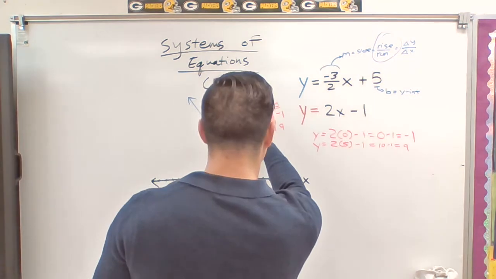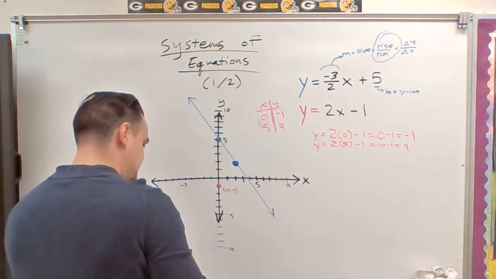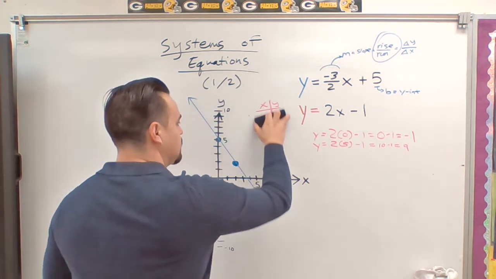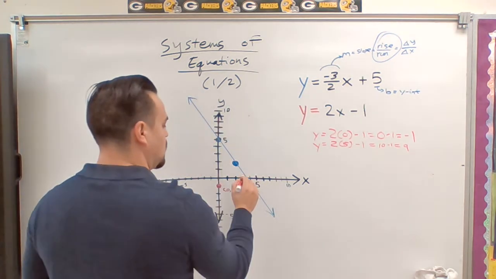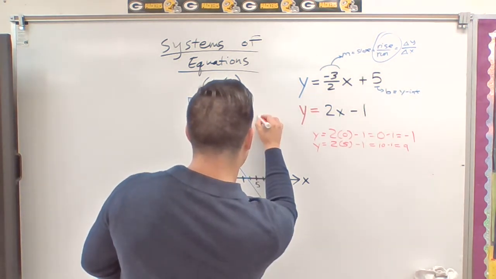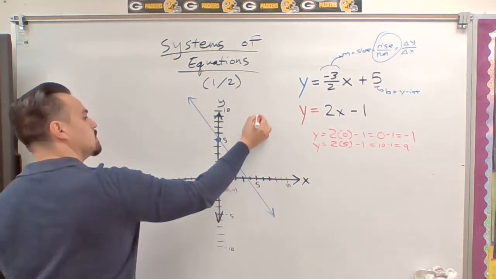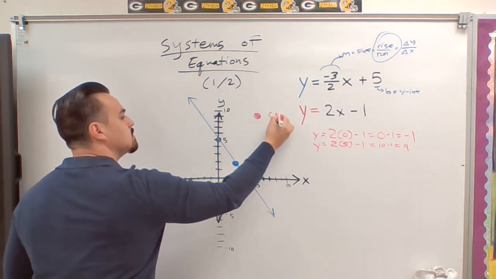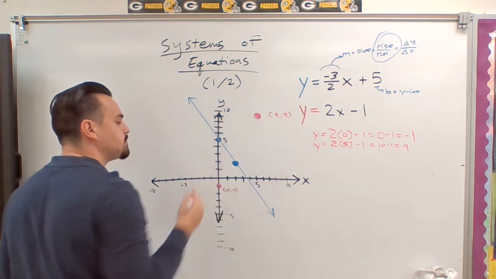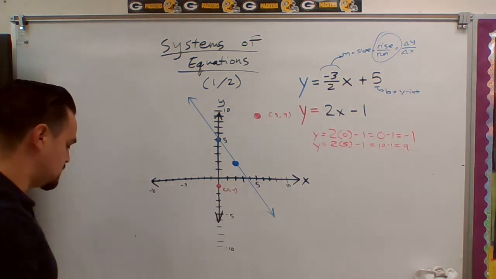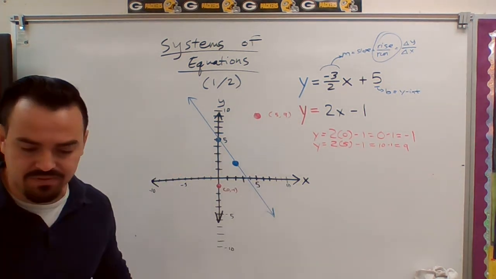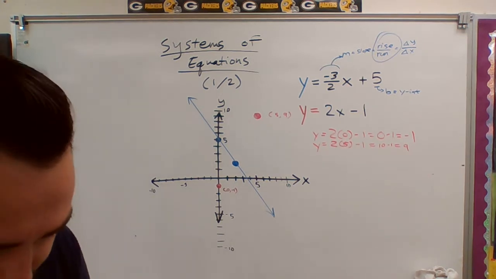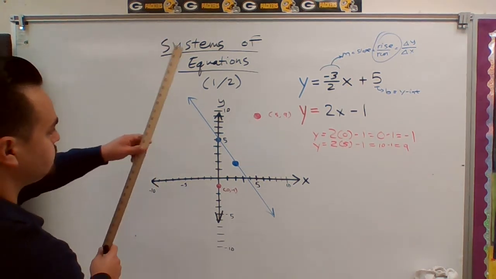So let me erase my table. Over 5, up 9. And that's my 5, 9. Now I have those 2 points using this table method, a little slower, not as fast, but more guaranteed to work over time.